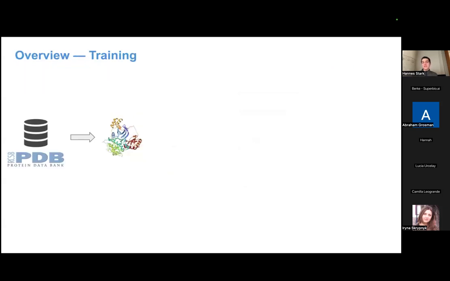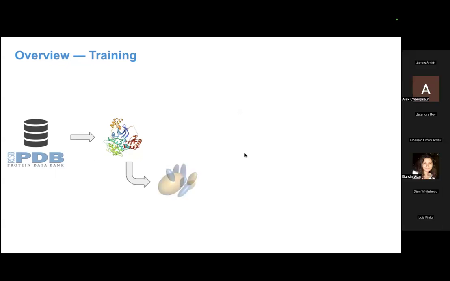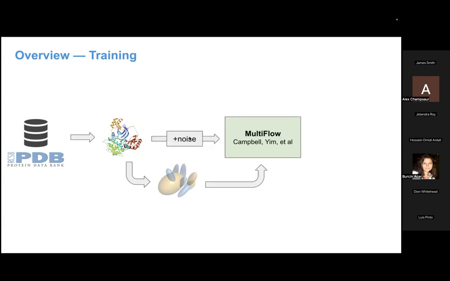Let's say we now want to train with these ellipsoids. The way that we train our model is that we have our data from PDB, our protein structures. We extract the ellipsoids that correspond to that data, and then we take some protein structure generative model. I should also say this will be a diffusion model.